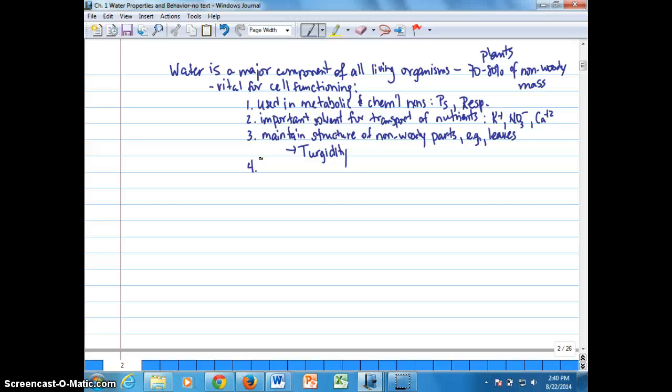And then we'll add one more here, which is to help maintain a stable temperature in the plant, regardless of whether the temperatures outside are fluctuating.